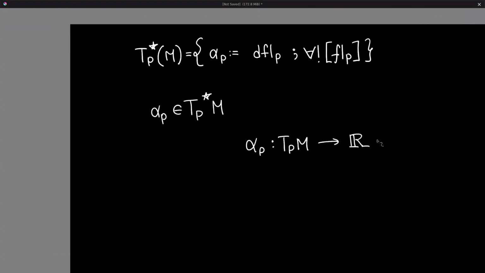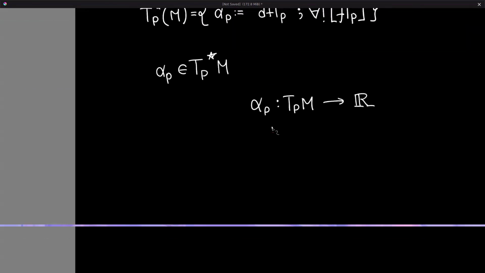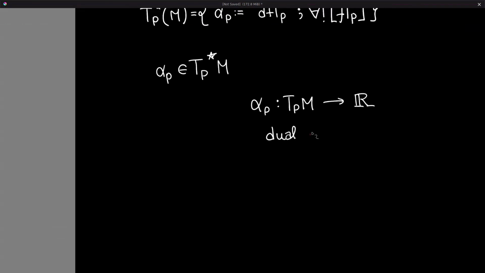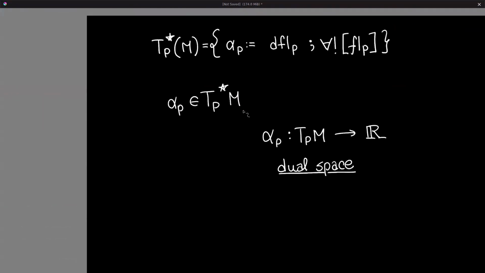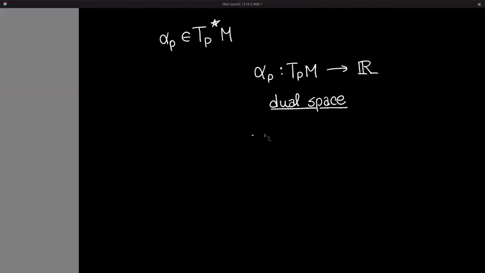The space of linear functionals on a vector space is called its dual space. So the reason why we called it Tp*M is very pointed, and it's because TpM and Tp*M are dual to each other in this way.